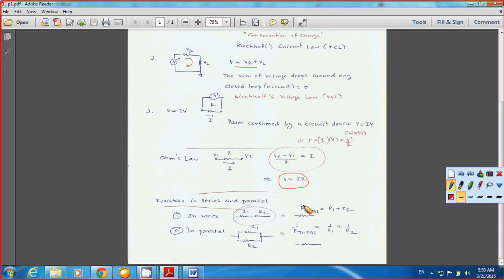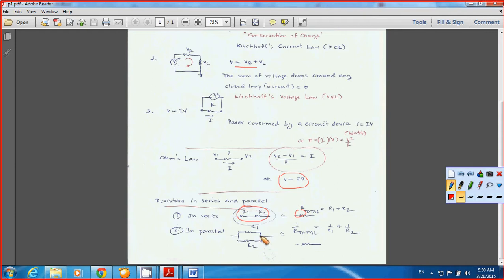You can find the R total that represents the resistor system. For resistors in parallel, you write 1 over R total equals 1 over R1 plus 1 over R2 plus 1 over R3 and so on, plus 1 over Rn, if you have n resistors in parallel.